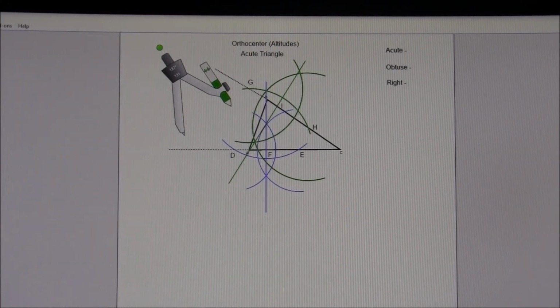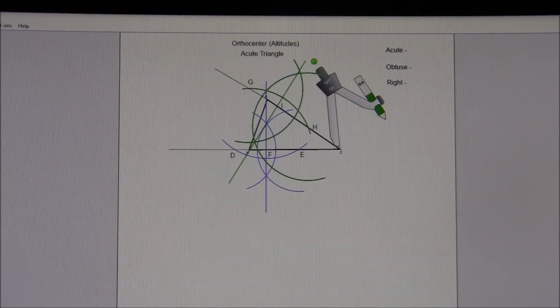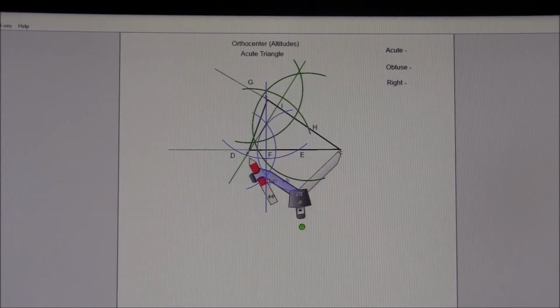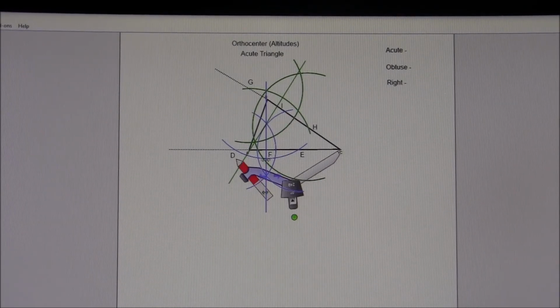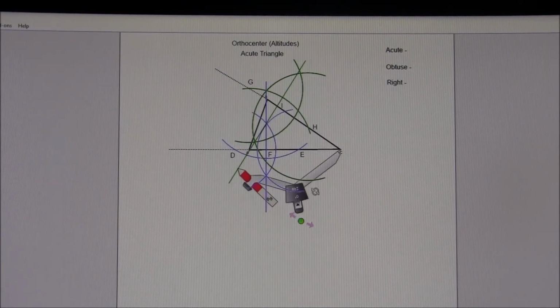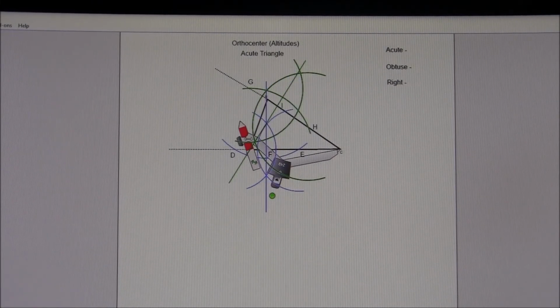vertex is at C. Let me change colors. Let's do red. If I do at C, and I need to get to this AB, you see it? Either I can draw it down, oh my god, no matter what I do. Let me see if I can make it smaller.